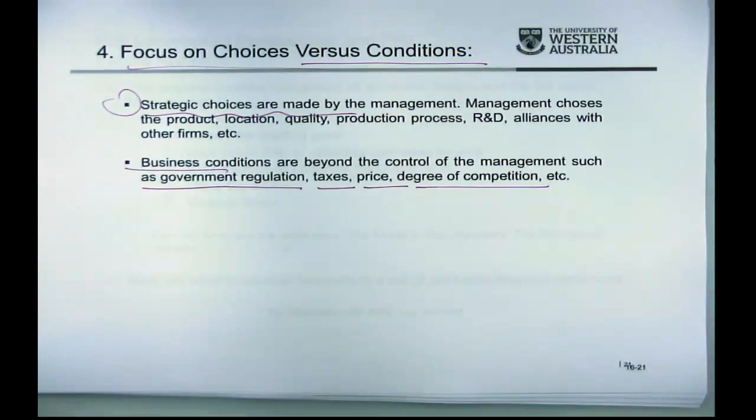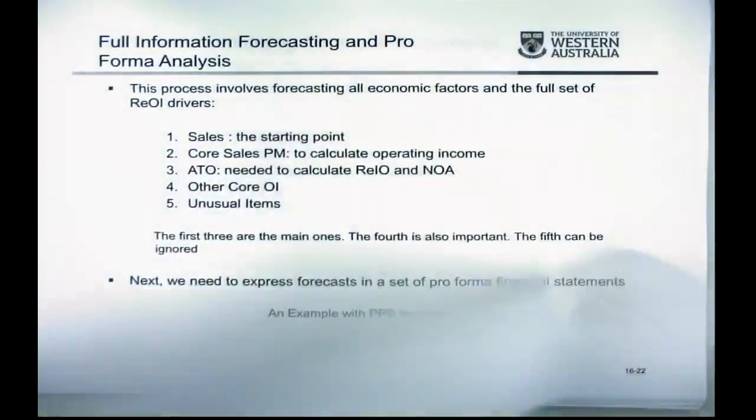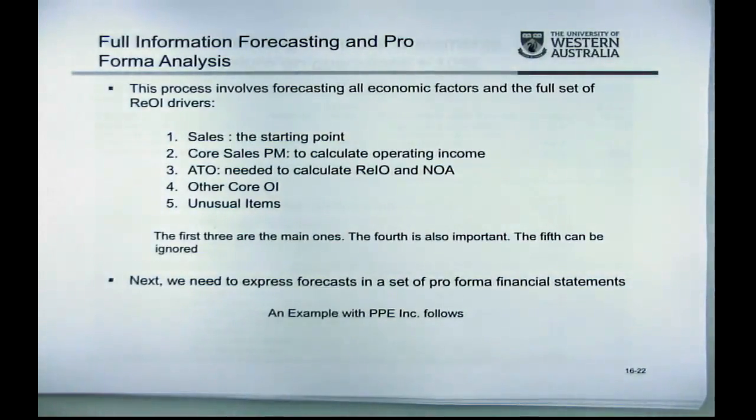Okay? So there are some factors that are within the control of the management, and there are some factors that are beyond the control. Factors that are beyond the control of management might have a lasting effect. Factors that are within the control of management might have a temporary effect. Okay? It depends.